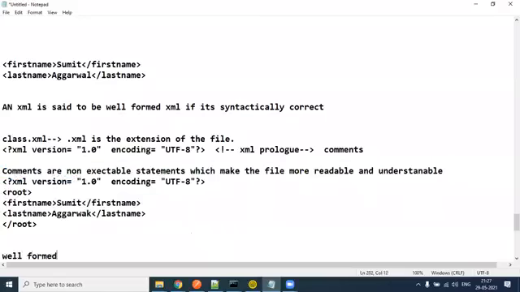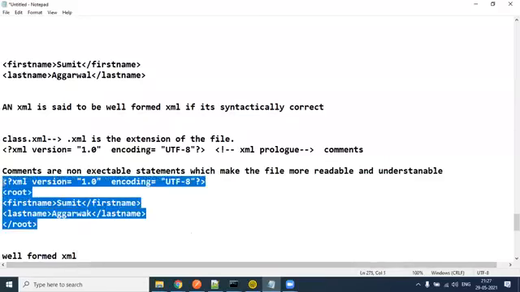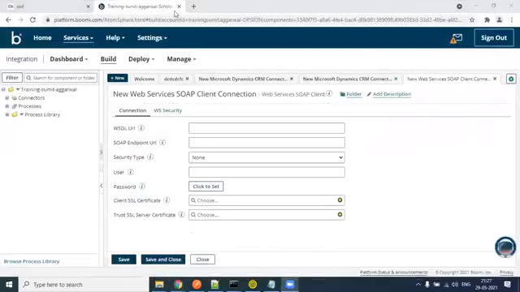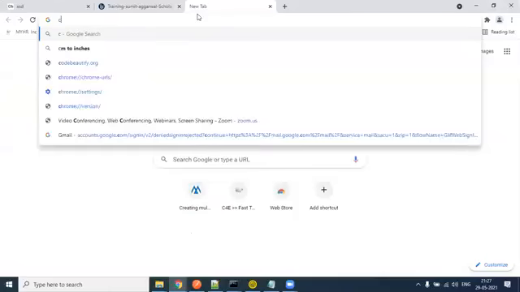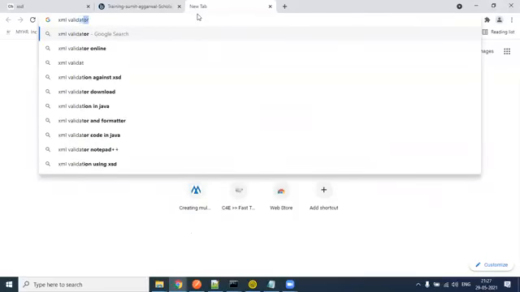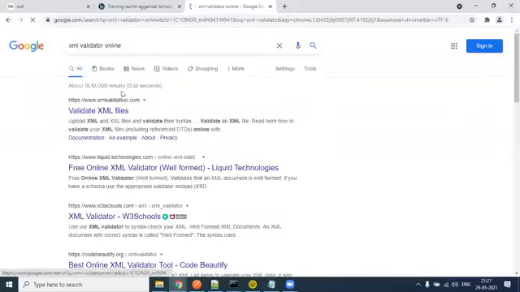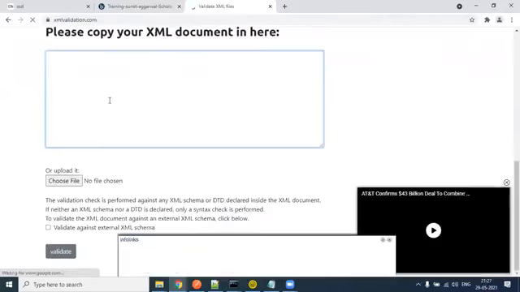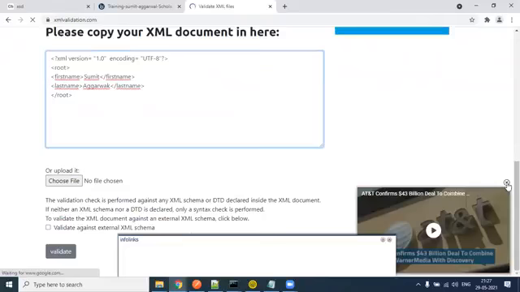So this is a well-formed XML file. When can we say an XML file is well-formed? Once it is syntactically correct. So we'll go here on the web and write XML validator online, validate XML files. There are a lot of validators.